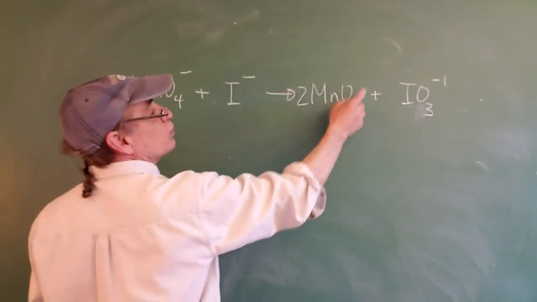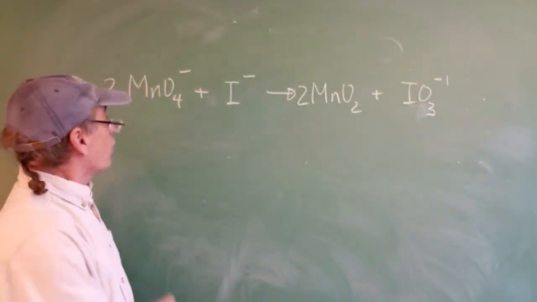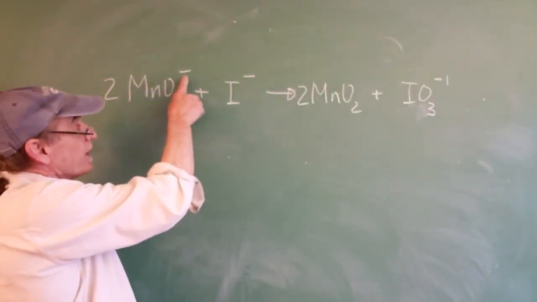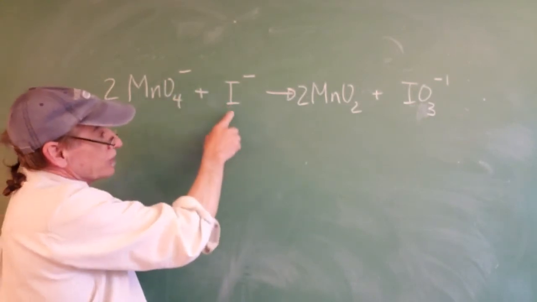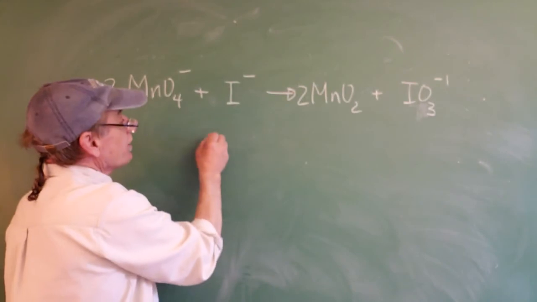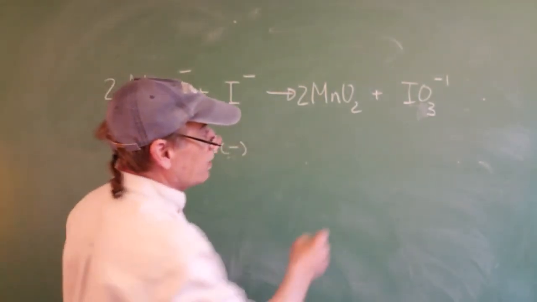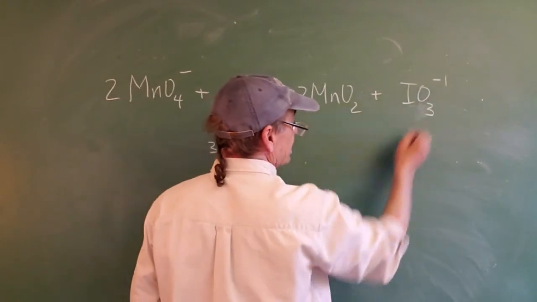Notice that the MnO2 was a neutral compound. It didn't have a charge on it when we started. So that means there's 2 permanganate ions, that's 2 negative charges here. And the iodide was just 1 of them, so I've only got 3 negatives on this side. On this side, I only have 1 negative, just the iodate ion.